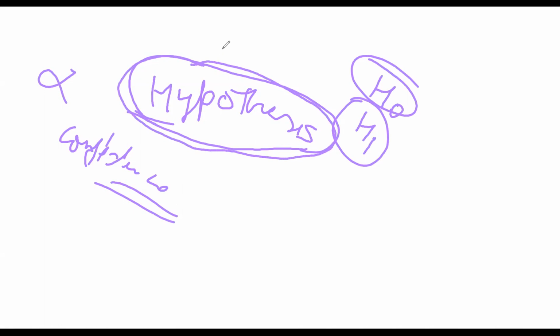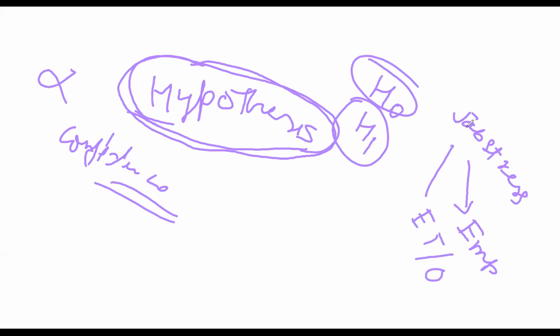Hypothesis is basically some predefined statement about the population. You make some statement about your population, and now you will do some research on that in order to accept or reject that hypothesis. If I say job stress is related to employee productivity or employee turnover, then I will make the hypothesis that job stress is negatively related to employee productivity.